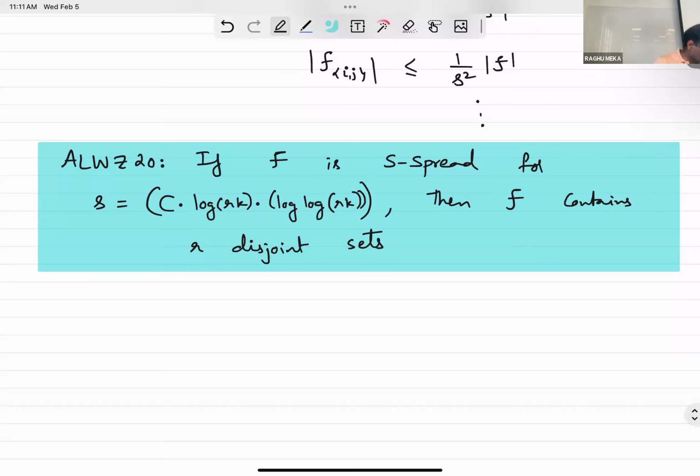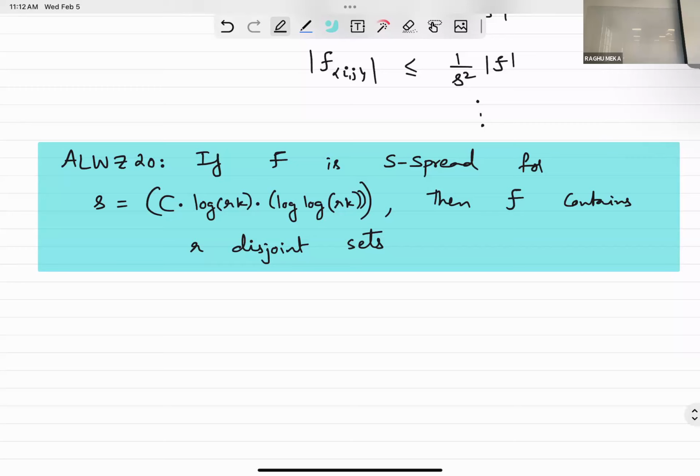Okay. So saying if you have a spread family with some spreadness, then it must contain R disjoint sets.